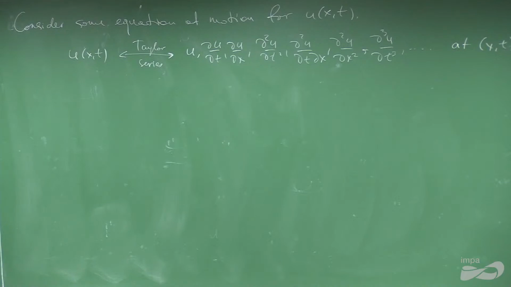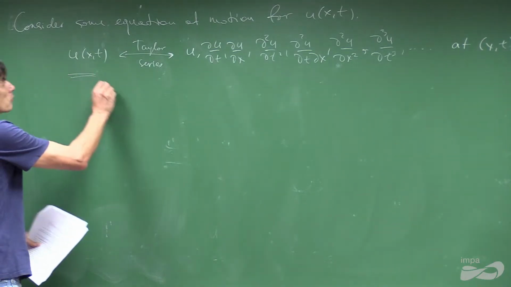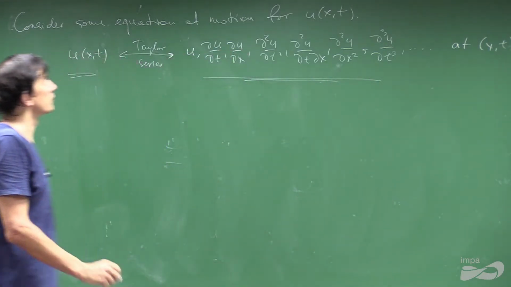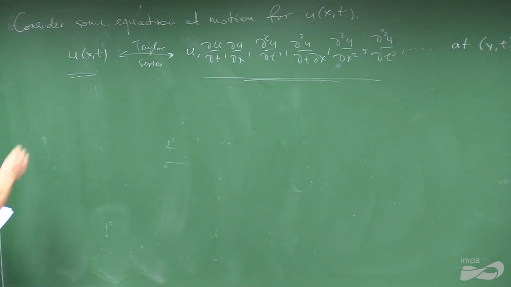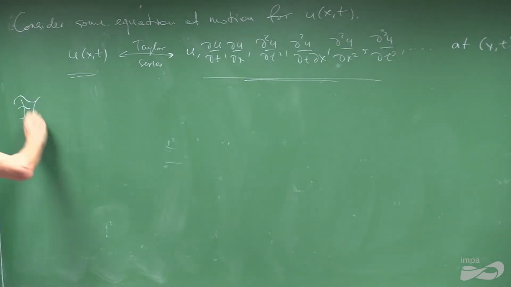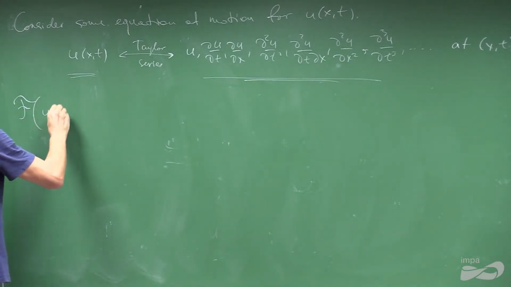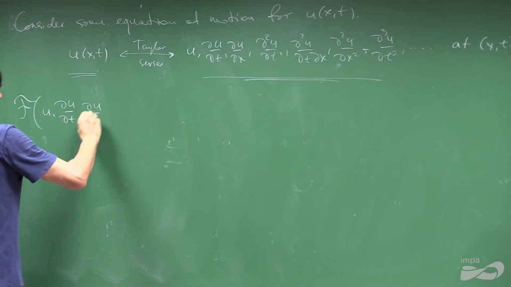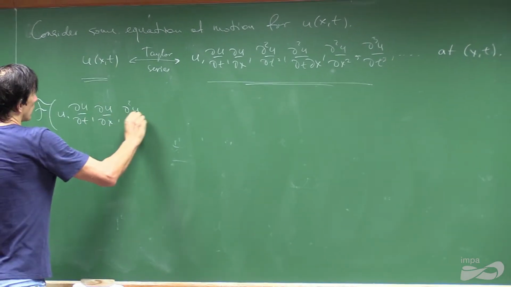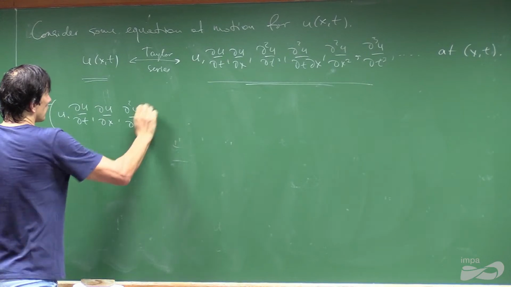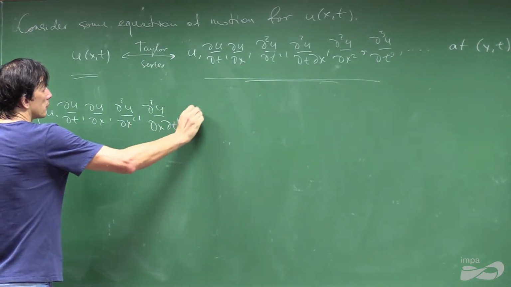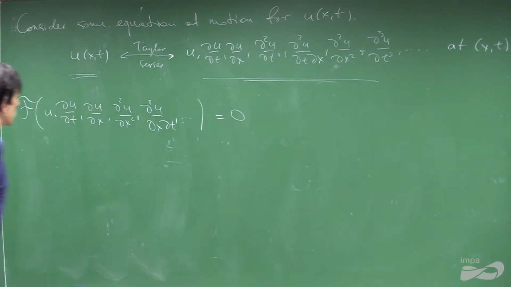So instead of finding an equation of motion for this function, we will find an equation that relates derivatives. In other words, we are looking for some function of these derivatives, which is equal to 0. So this will be our equation.